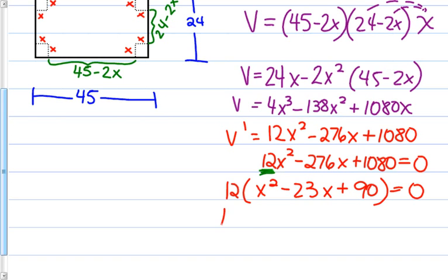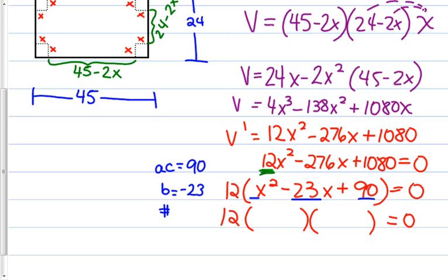So now I have to factor. I need 2 numbers that multiply up to 90. I call it the AC method. So A times C, where A is 1 and C is 90, so 90. B is negative 23. I need 2 numbers that multiply up to 90 but add up to negative 23. So hopefully you're like, okay, 2 times 45, that won't work. 6 times 15, that doesn't quite work. 12 times 15, that doesn't work.